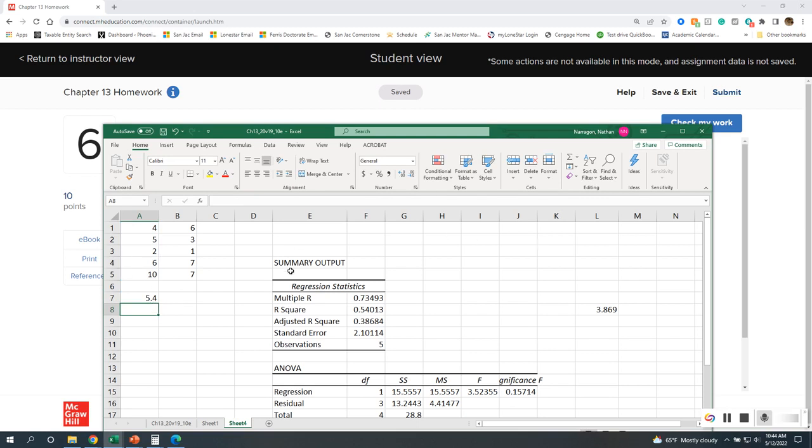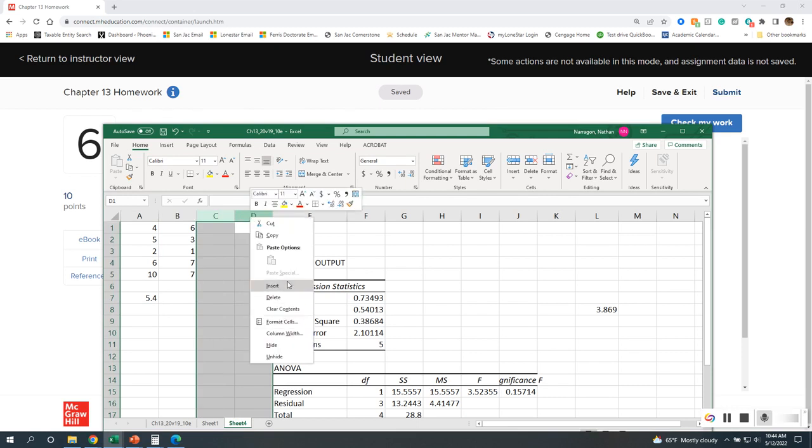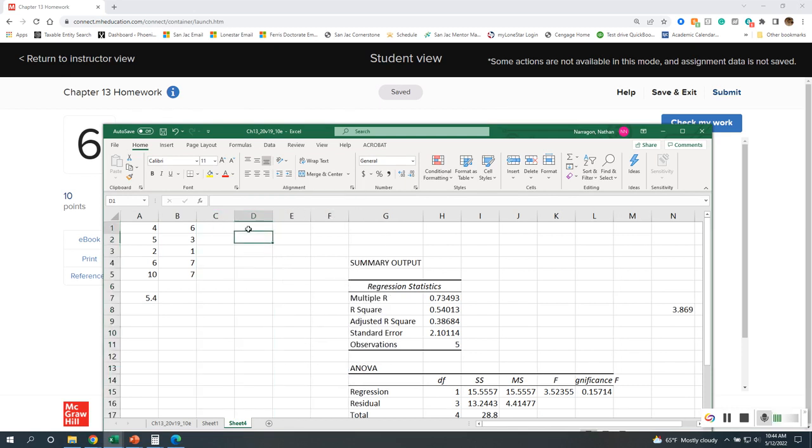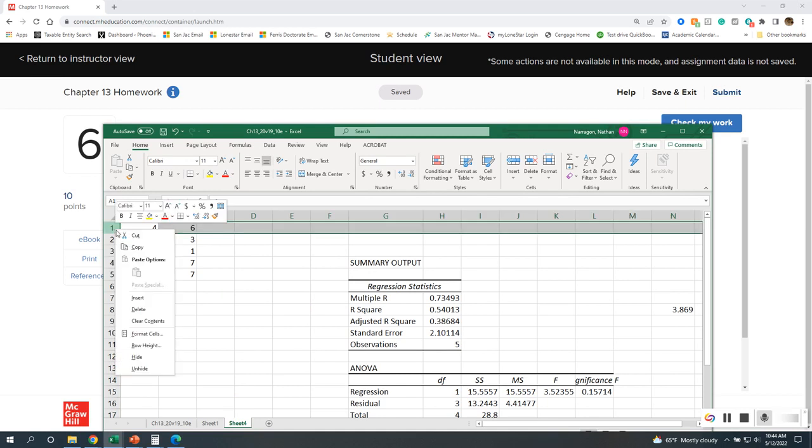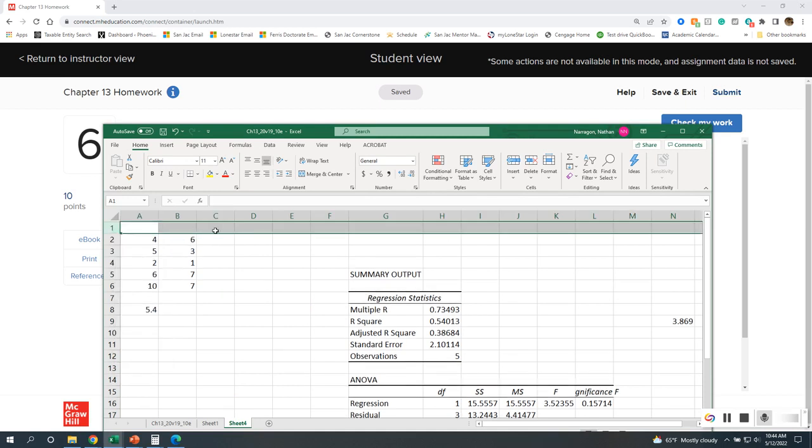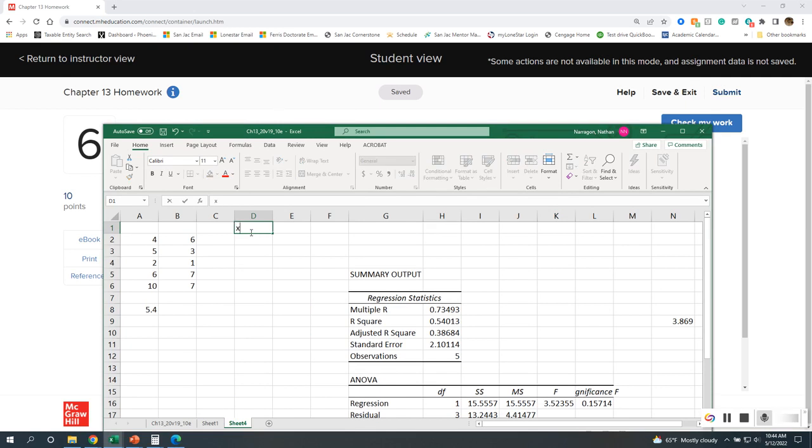We'll go ahead and insert a few columns because we need to have x minus x bar, and of course that's going to be squared.